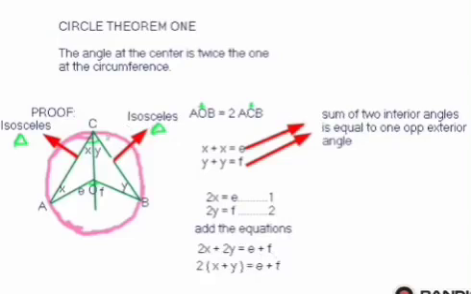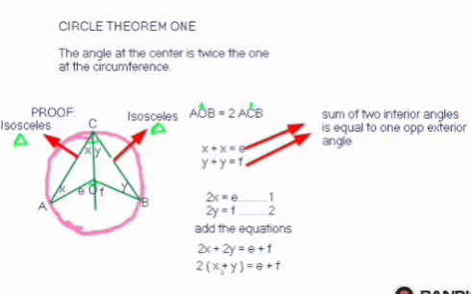Going back to the diagram, you see that S plus Y is the whole of angle C. Tracing the line, AC and CB, we have ACB.